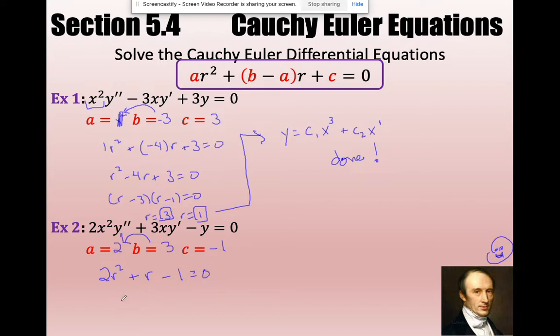Factor. Solution. C1 x to the 1/2, done.